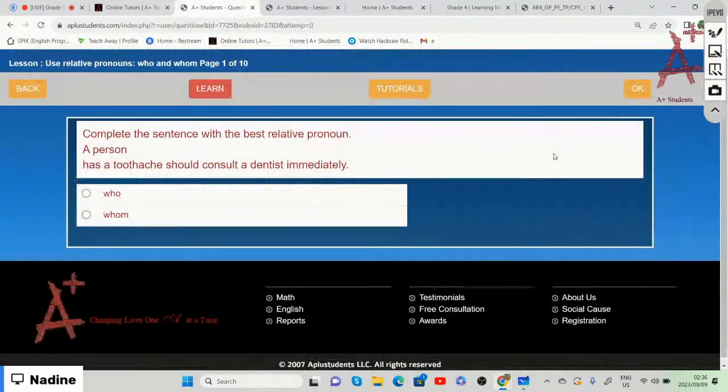So a person who has a toothache should consult a dentist immediately, or a person whom has a toothache should consult a dentist immediately. So who or whom? We need to select the correct relative pronoun.